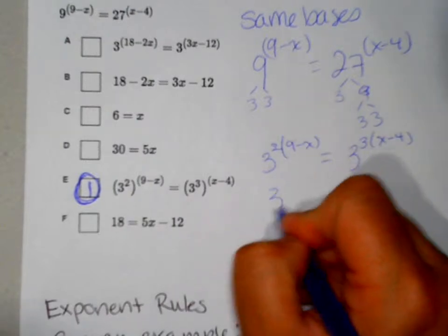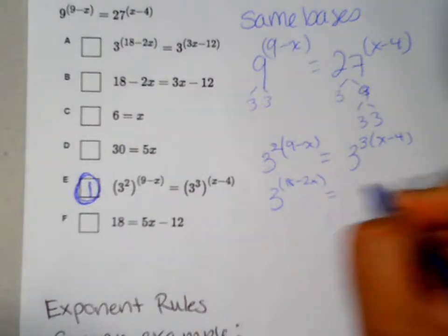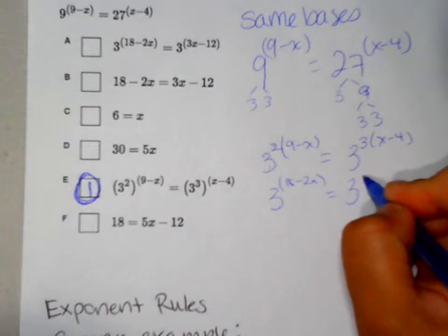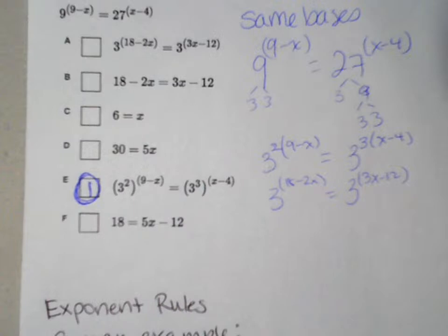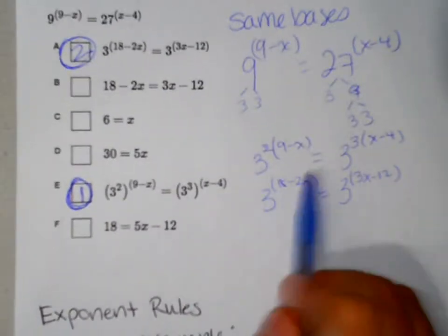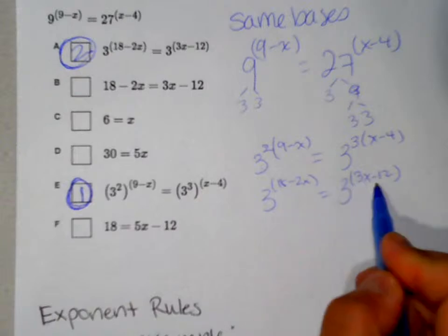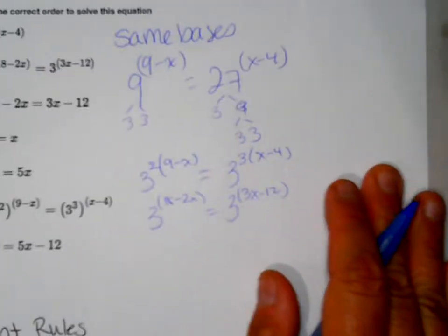So I have 3 to the 18 minus 2x equals 3 to the 3x minus 12. That's what I did next. Once you have the same base and everything distributed, you can just set the exponents equal to each other. So I get, let me move this, I'll do it here.